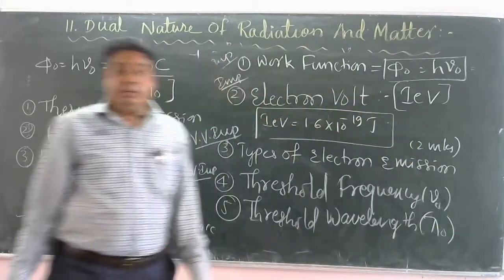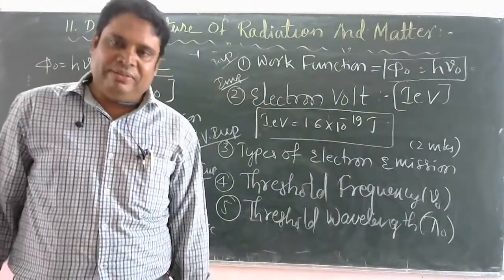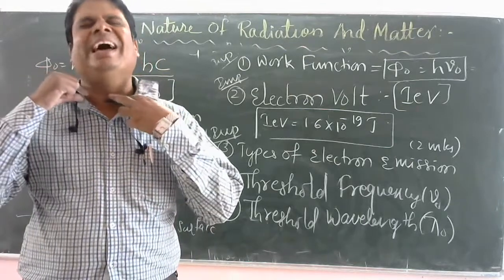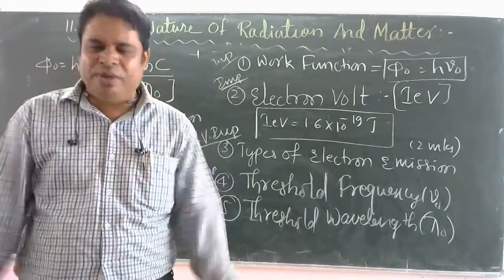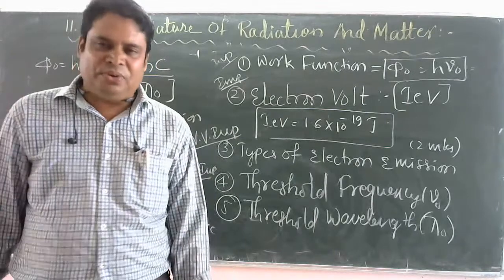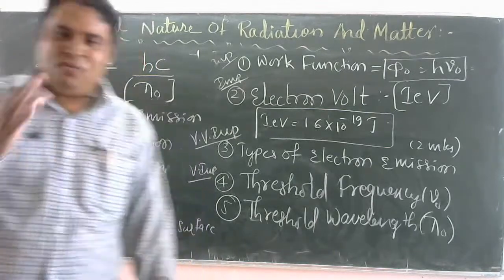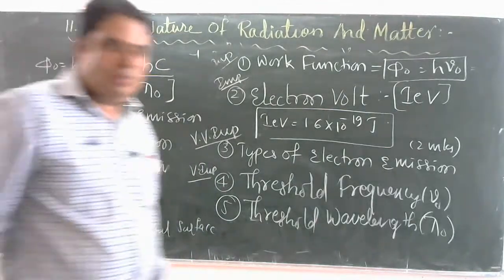What is threshold wavelength? Threshold wavelength is a wavelength above which no photoelectron is liberated, or no photoelectric effect is observed.